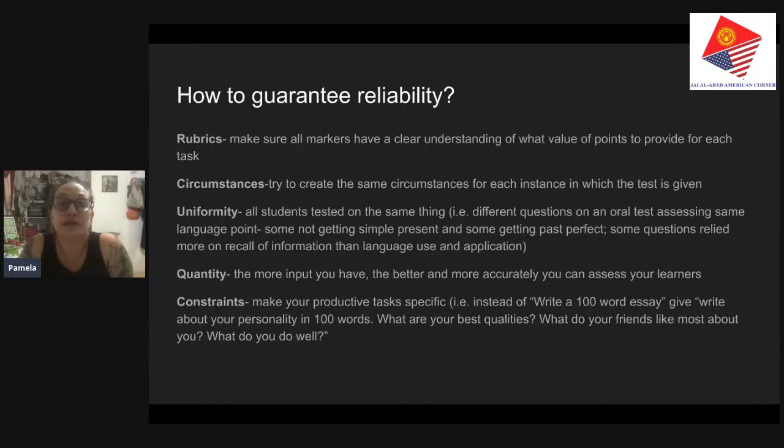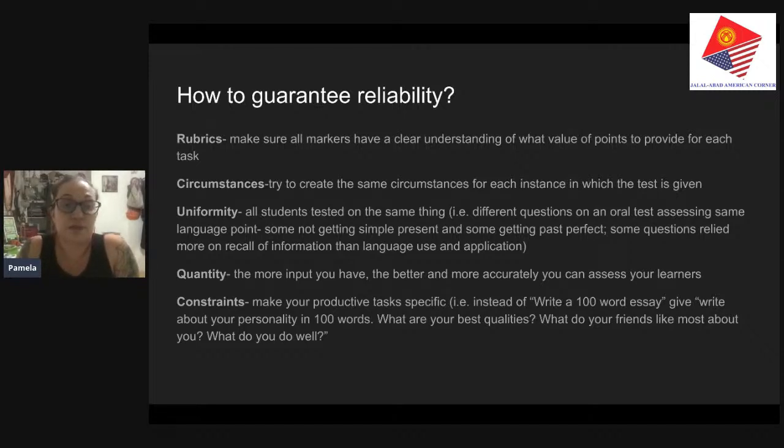By the rubrics. So a rubric is a base that we understand what should be covered by the test. So rubrics make sure all markers have a clear understanding of what value of points to provide for each task. So I'll give a solid example of this a little later on.